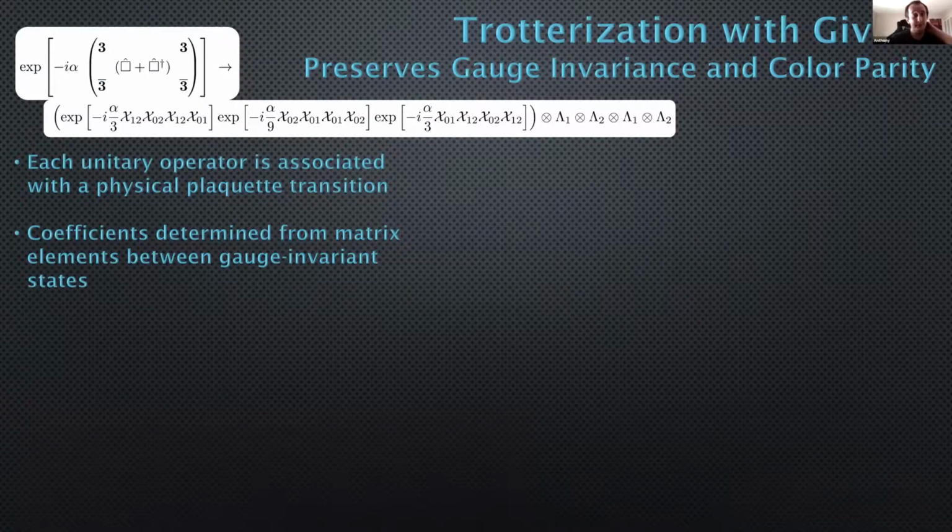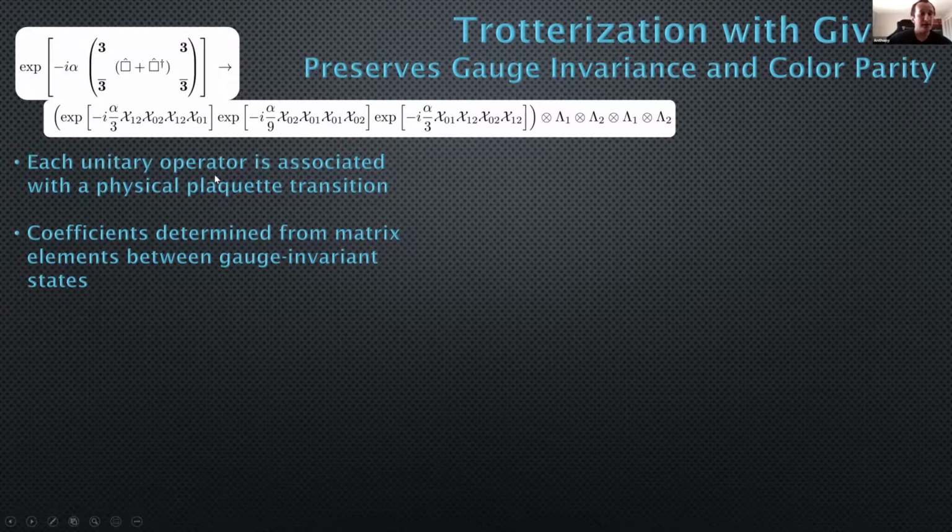So now one of the big benefits of compiling our trotterization in this format is that we will preserve the symmetries of our Hamiltonian, including gauge invariance and color parity. So with this trotterization, we're only mapping physical states to physical states, which is something that we would really prefer to do because that's a symmetry of our Hamiltonian.